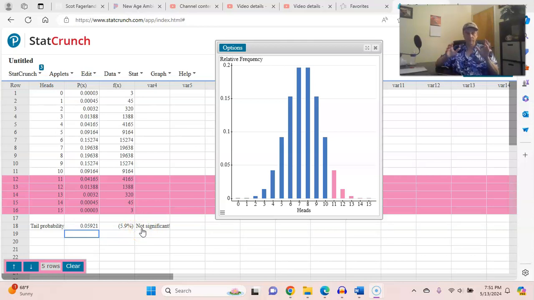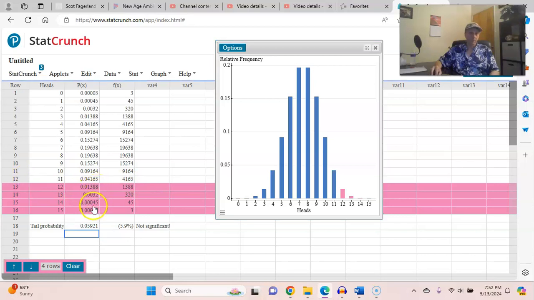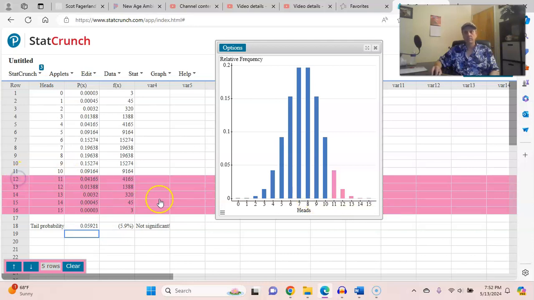So this is the relevant value that we use to decide that 11 is actually not significantly high. It should be clear to you that 12 is, because if we add together the 12 or 13 or 14 or 15, we're going to get something barely more than 1%. So that would be significantly high, but the 11 would not.